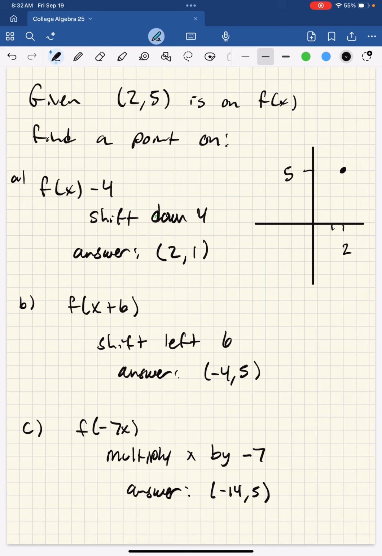Okay, if we've got (2, 5), and it wants us to find a point on f of x minus 4, that means shift down 4. So we're going to go from 5 on the y down to 1 on the y. So the new point would be (2, 1).